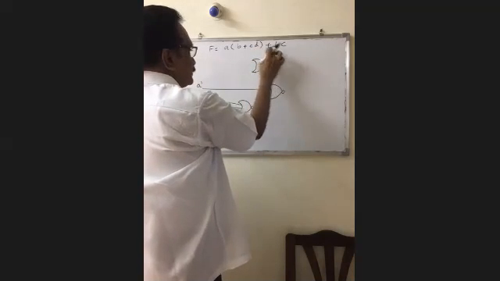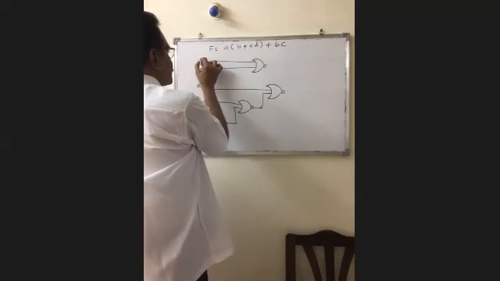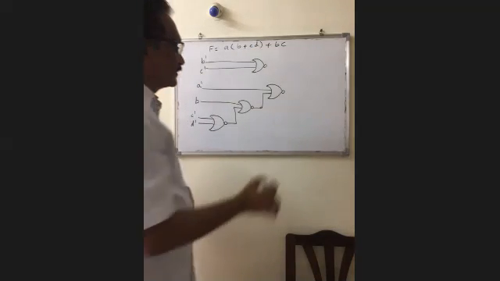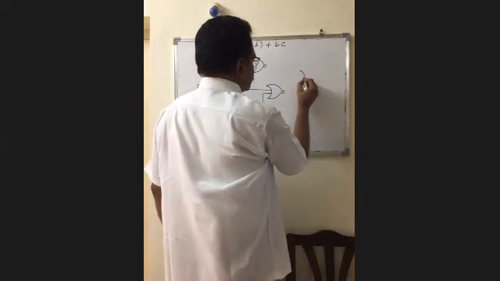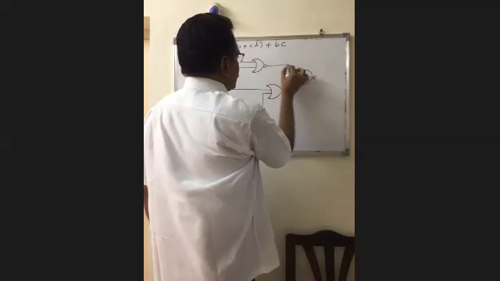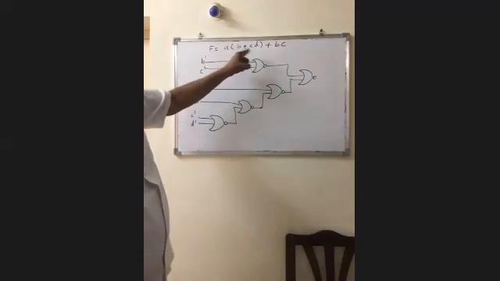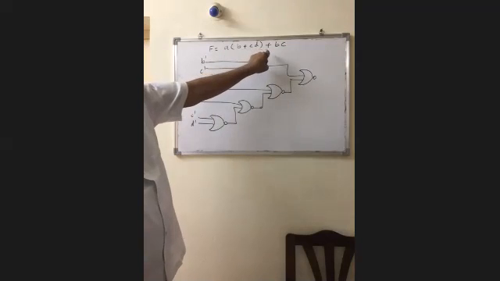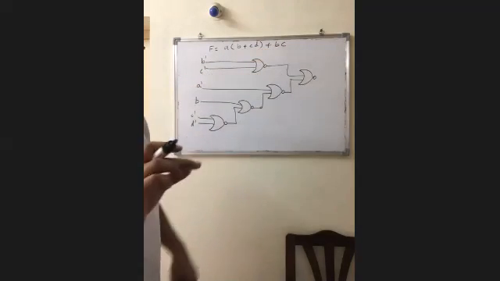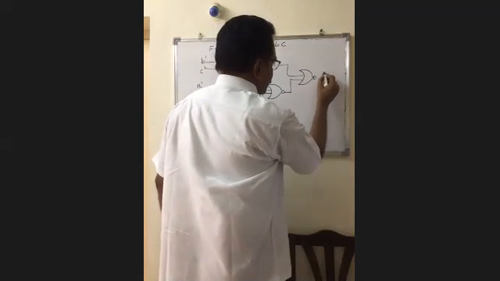It's a product term, so apply the complement of the input variables. So B dash and C dash. So for this one, you have to connect one NOR gate. It is in the SOP form, so to realize by using NOR gates, you have to connect a single input NOR in the last level.